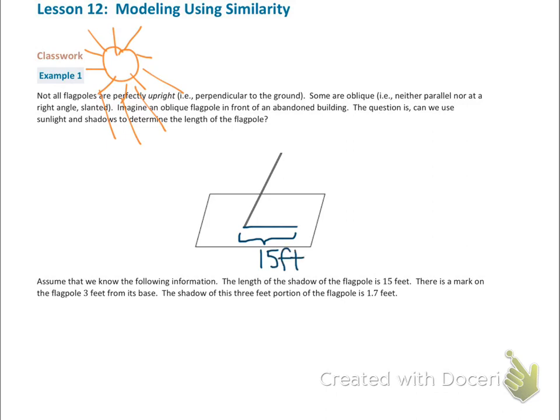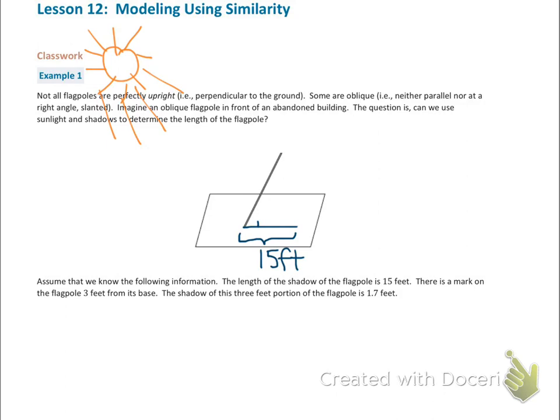Okay, and the shadow that the 3 foot portion casts is 1.7 feet. So somewhere in here we could mark the point where the shadow on the smaller part is cast.